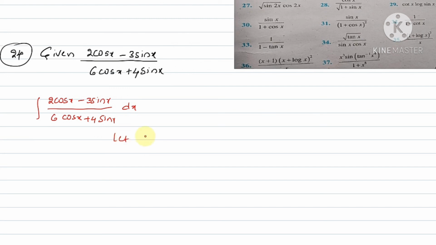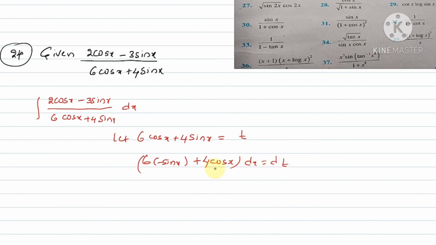Substitution. Let's take the denominator as the substitution: 6 cos x plus 4 sin x is equal to t. Take 6 as it is; the derivative of cos x is minus sin x. Plus 4 as it is; the derivative of sin x is cos x, into overall dx, is equal to dt.